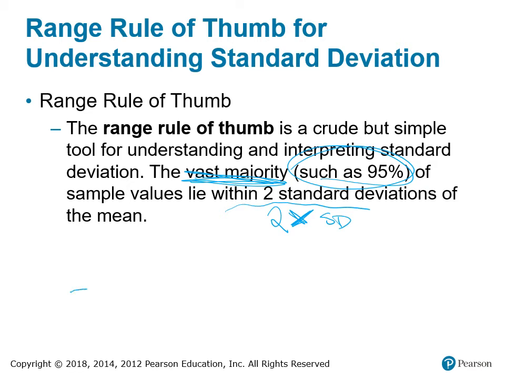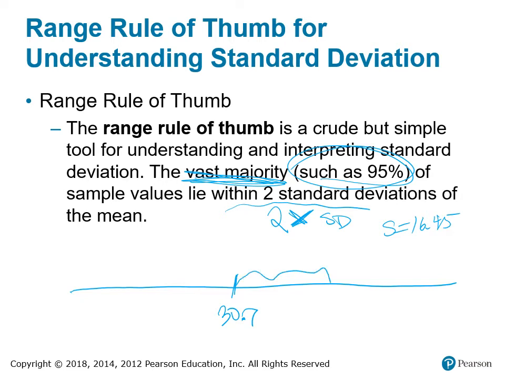So the idea is this. We have a mean of 30.7, and we have a standard deviation that we just calculated of 16.45. One standard deviation would be 16.45.